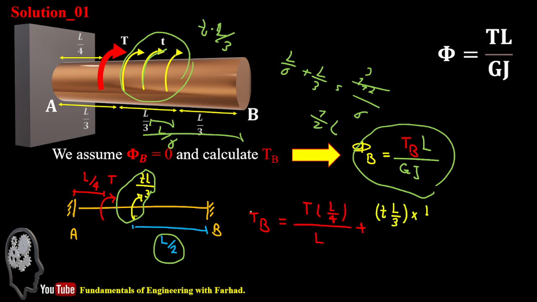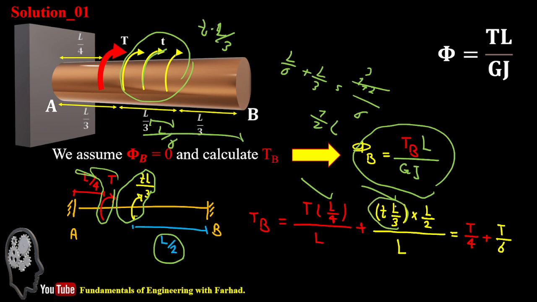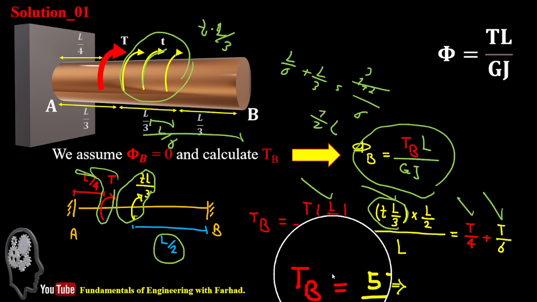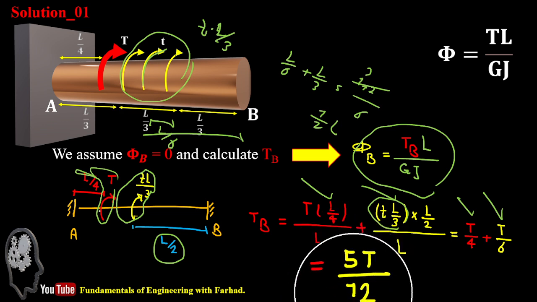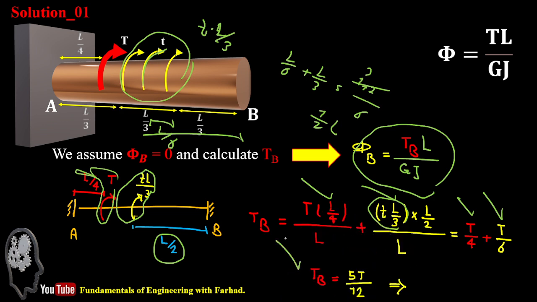So TB is a combination of this one and the reddish and yellowish ones. This is TL over 4 times L over L, and the other one is T times L over 3 times L over 2 distance over L. It makes a quarter of T plus a 1/6 of T. If you add it up together, it gives us TB is equal to 5T over 12. That's our TB.